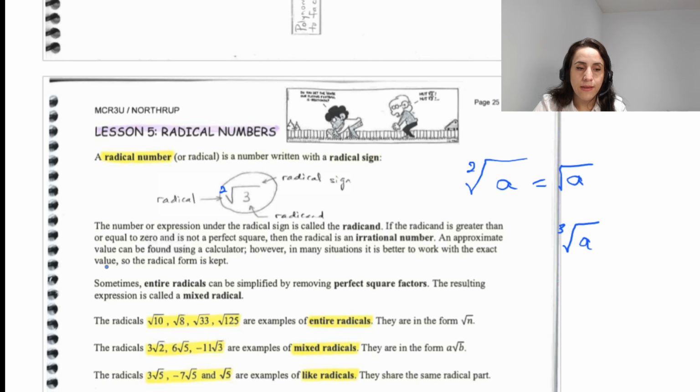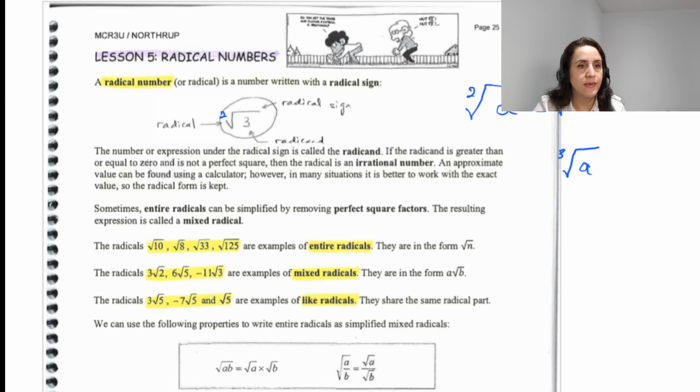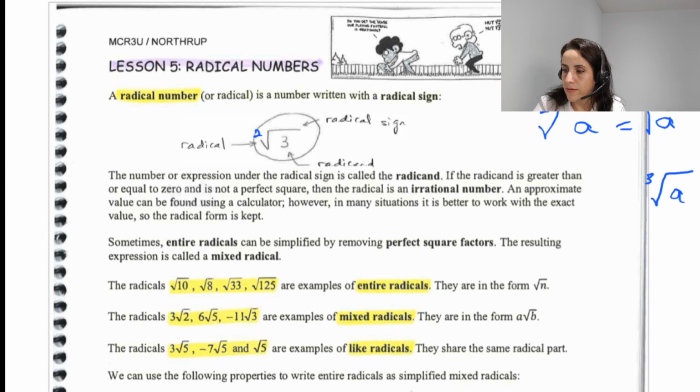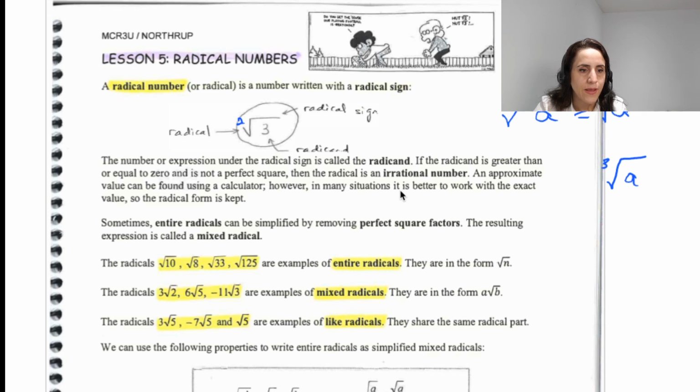An approximate value can be found using a calculator. However, in many situations, it is better to work with the exact value. Let me make it a little bit bigger. I made it small before. Okay, it is much easier to follow.